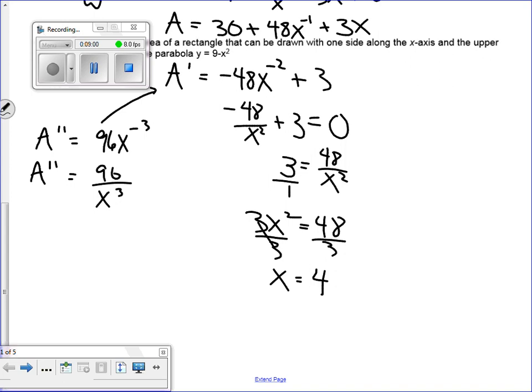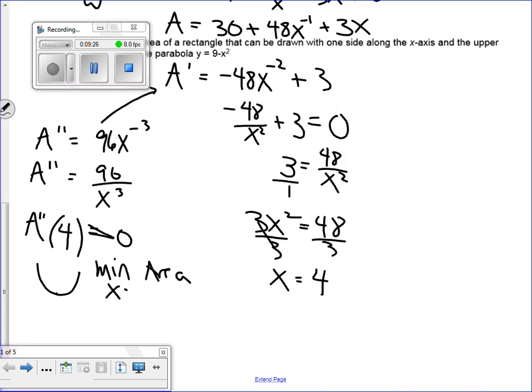If I take that answer that made my first derivative 0, 4, and plug that into the second derivative, 96 over 4 cubed, we don't care what it is. What we care is that it's positive. And if the second derivative is positive, the area function is concave up there, right? So you have a min. So it's what we wanted, minimum area, when x equals 4.